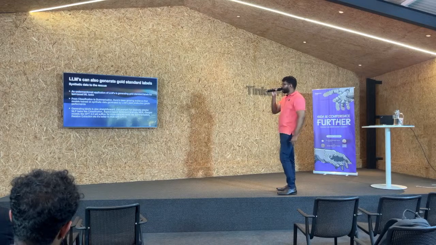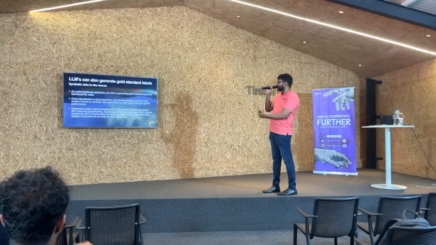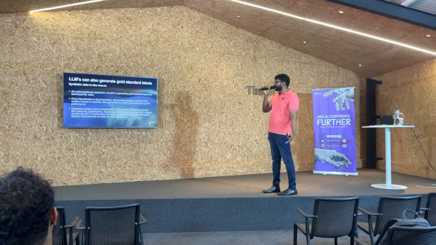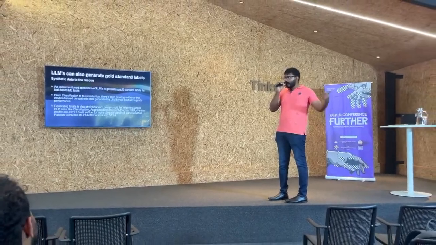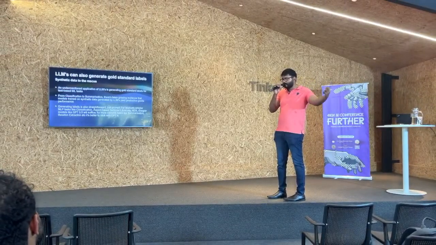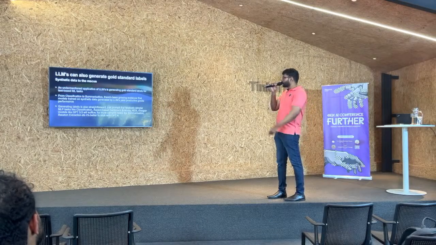One more under-mentioned application of LLMs is generating labels, generating gold standard labels. For a lot of text-based ML tasks, you need labels or supervised learning, right? And you don't have data for it. Sometimes the client also won't have data for it. So what do you do?